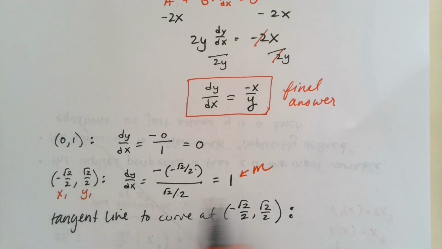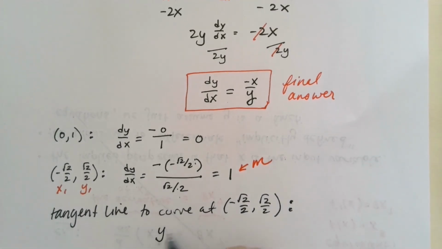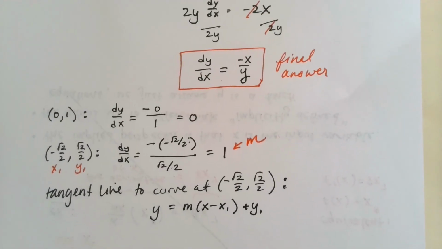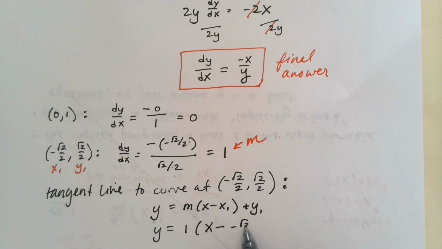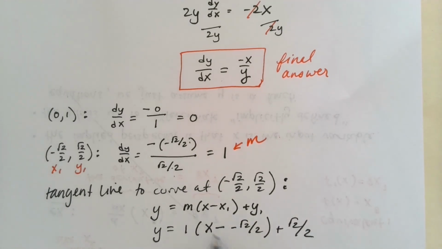So using this point and this slope, you would put together a line equation in whatever way you like. If you use the formula for a tangent line, that would be y equals m times (x minus x1) plus y1. So that would be 1 times (x minus negative root 2 over 2) plus root 2 over 2. And of course we could turn this into a plus sign or just leave it unsimplified. So we would have all the tools that we need to do that.